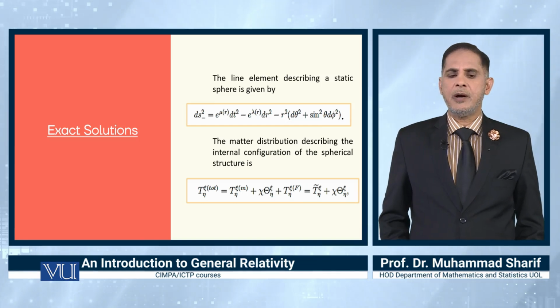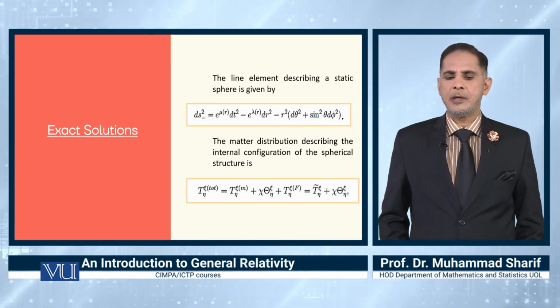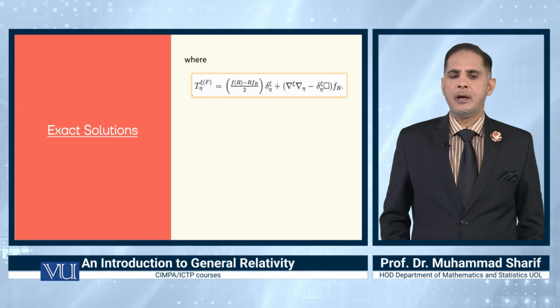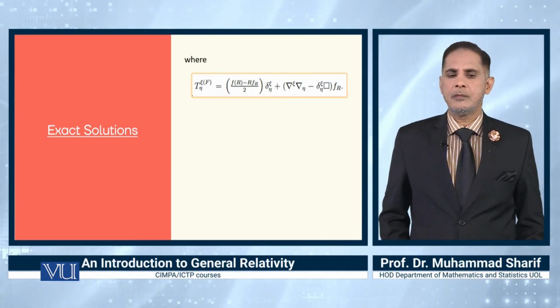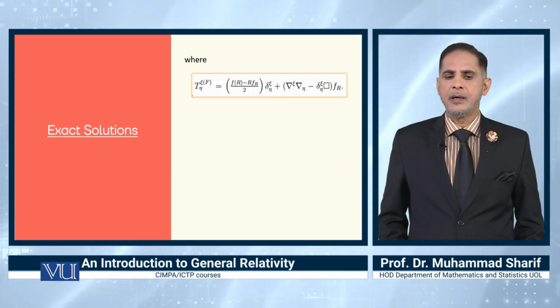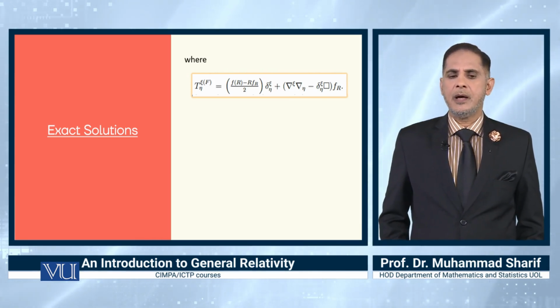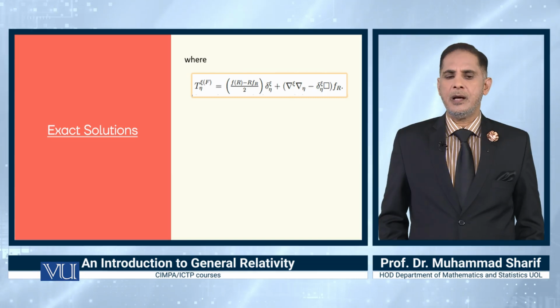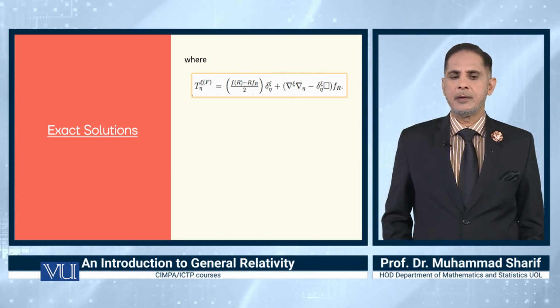In fact, we have combined the first and third terms to denote with tilde. Here obviously chi is the decoupling parameter, and you can see the f term. The f term is due to the f(R) theory, and obviously if we make this term 0, then we go back to general relativity.